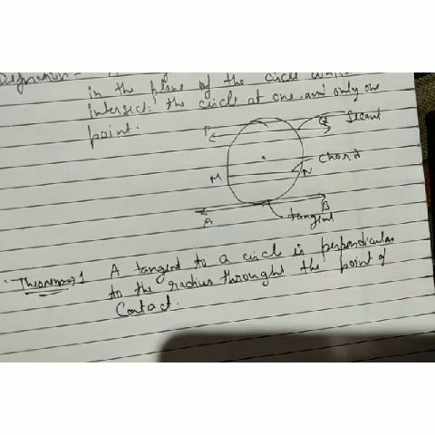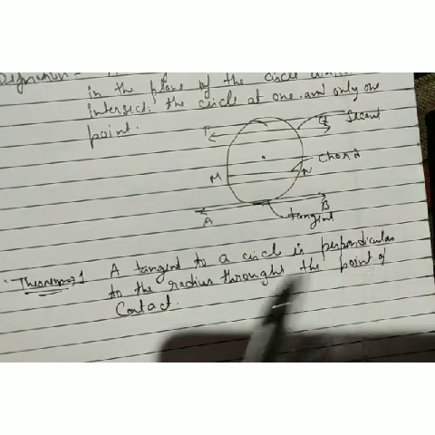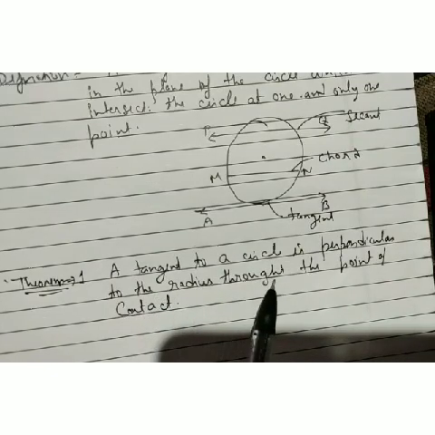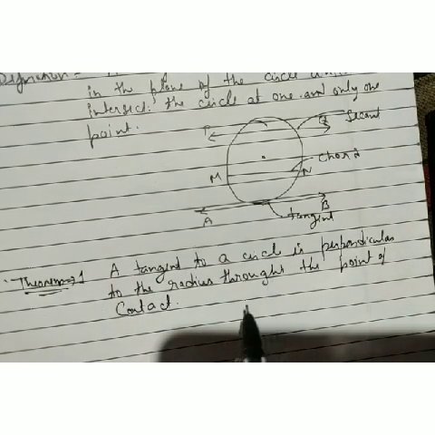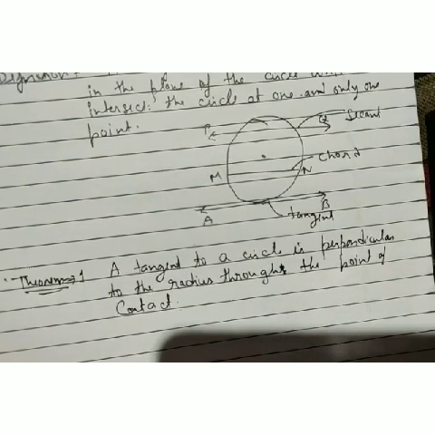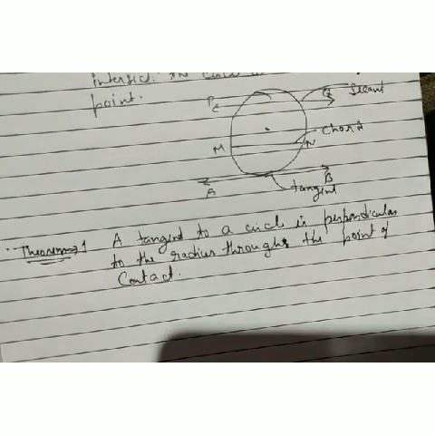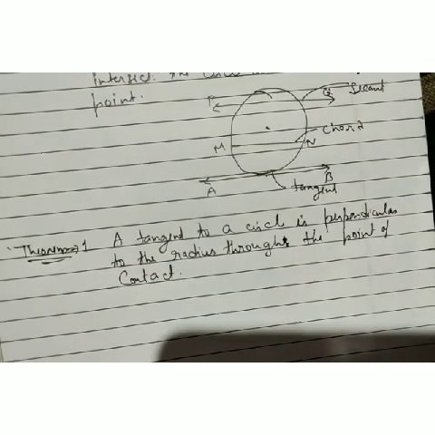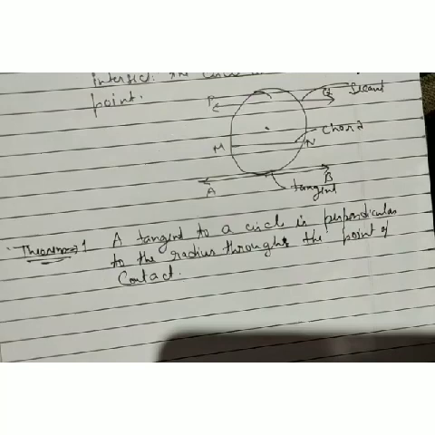What is your first theorem? A tangent to a circle is perpendicular to the radius through the point of contact. In simple terms, we have to show that our tangent is perpendicular to the radius of the circle. In this theorem, we have to prove that our tangent is perpendicular to the radius of the circle.